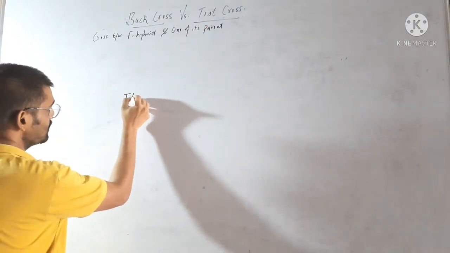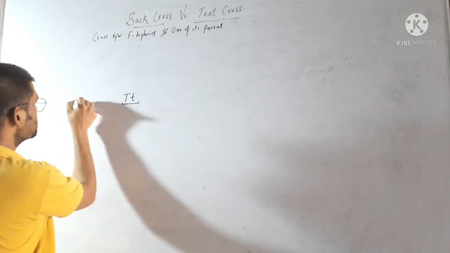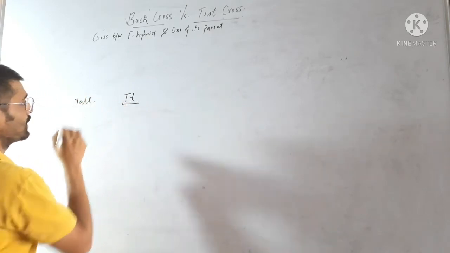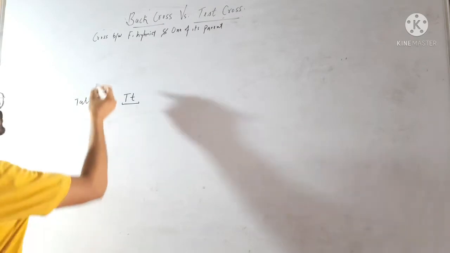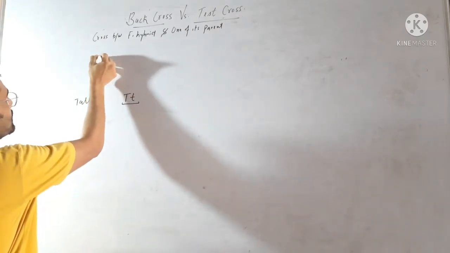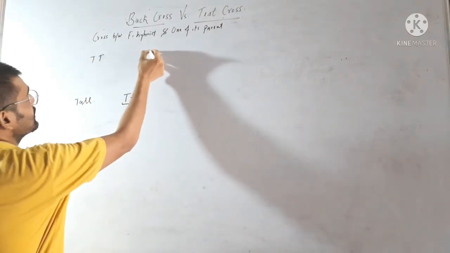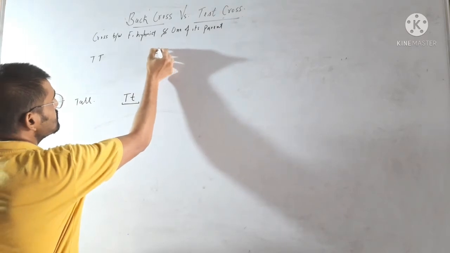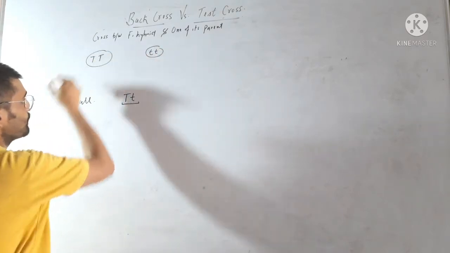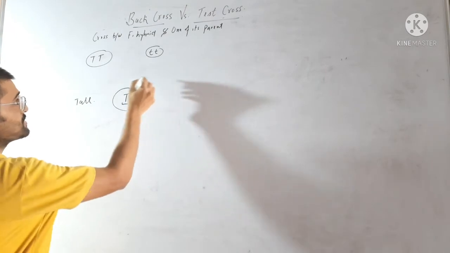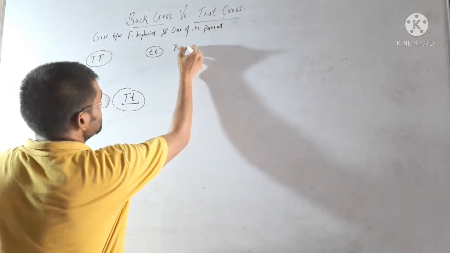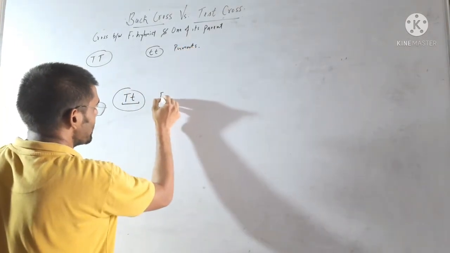Suppose this is the F1 hybrid, this tall plant, and we know that its parents are capital T capital T, and small t small t. These are the parents and this is F1.